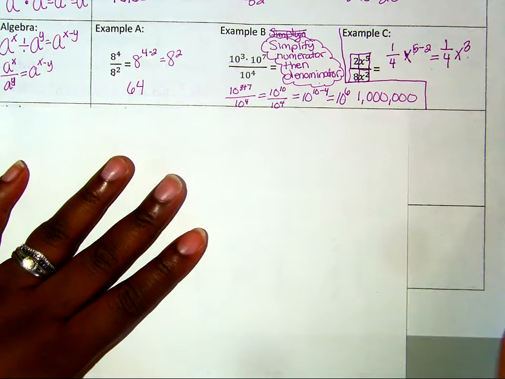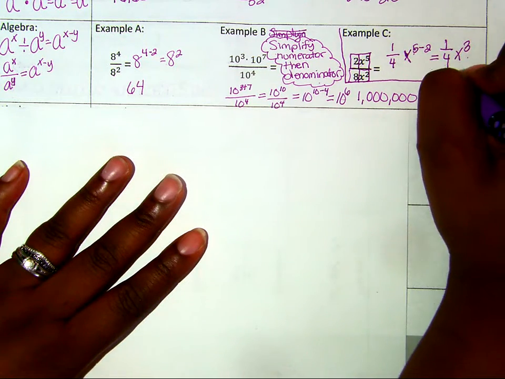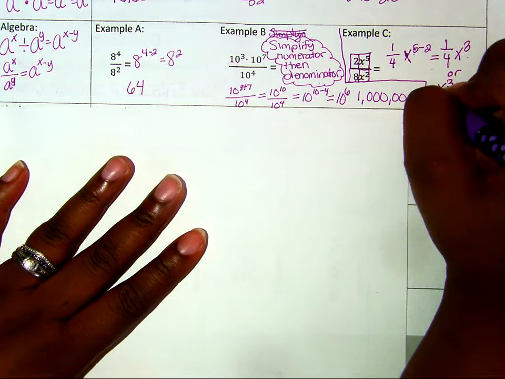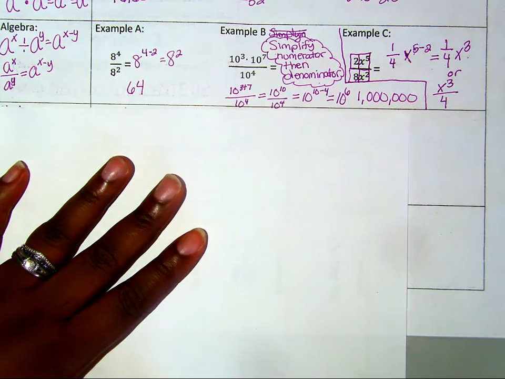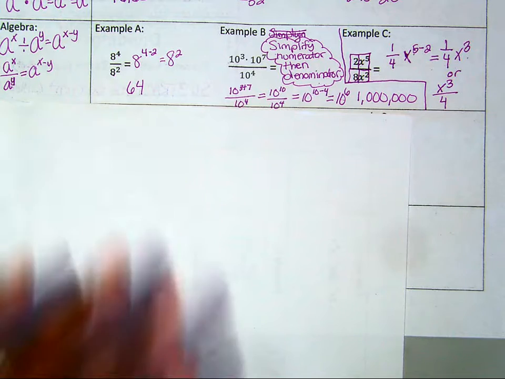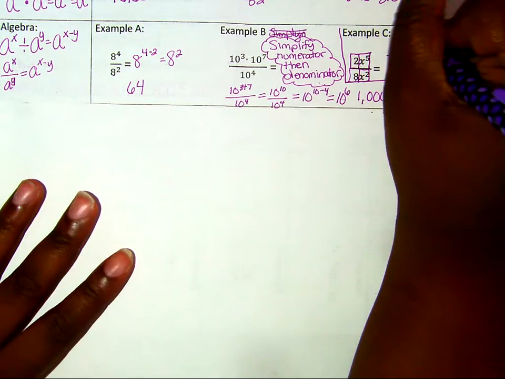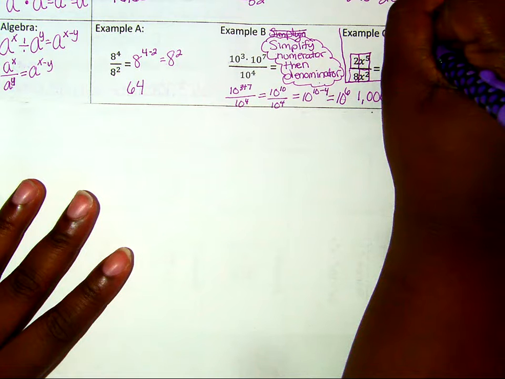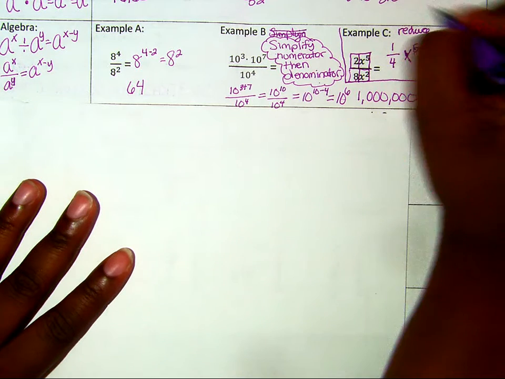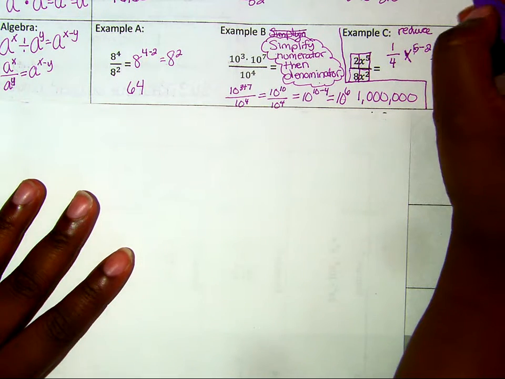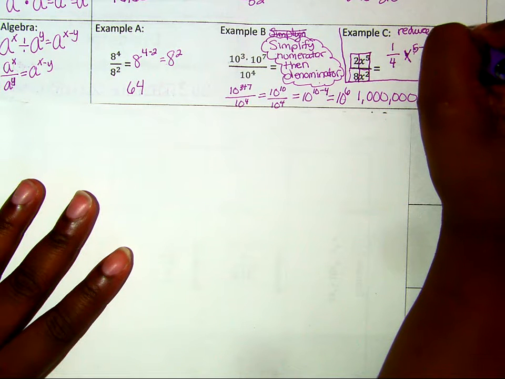You can also write it this way. Either way is fine. So our note here is reduce constant numbers.